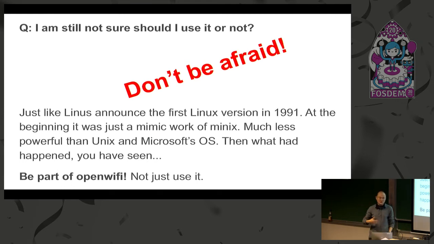That was Linus's first mimic work, because he was not satisfied with the Minix license condition, if I remember correctly. So he made the first version of Linux by himself in his dorm and then released it. So what happened next, you have seen in the past many years.